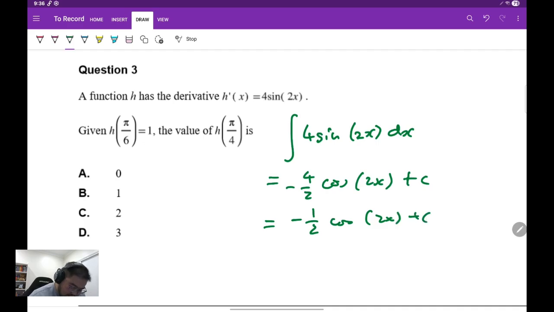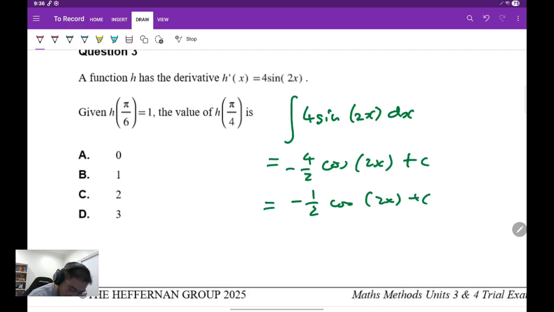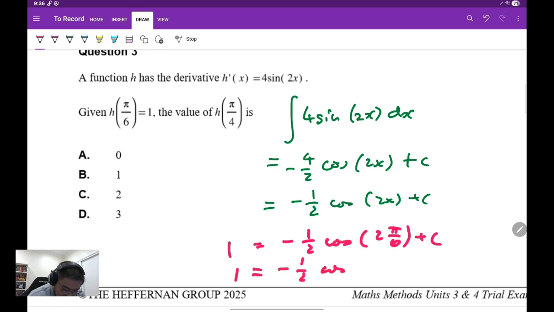And then from here, we need to use the information that when you substitute pi on 6, you get 1. So 1 is equal to negative half cos 2 pi on 6 plus c. When we solve for this, we get 1 is equal to negative a half cos pi on 3 plus c. If we simplify this and solve this, we get c is equal to 2.